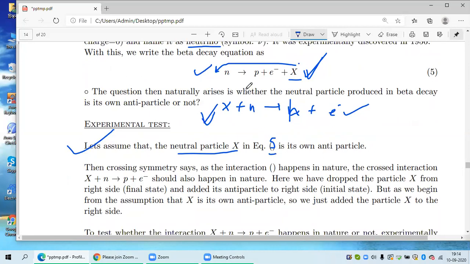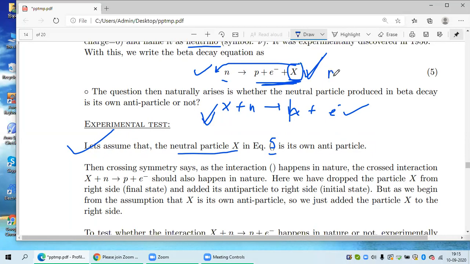Now what should we do? In the laboratory, say a neutron is decaying and you know that this particle X is produced. You are not seeing this particle, but you design your laboratory ambience in such a way that when this neutron is decaying and these particles are produced, and you know that this hypothetical particle should be produced, though you can't see it, there are other neutrons also in the atmosphere of this decaying neutron.